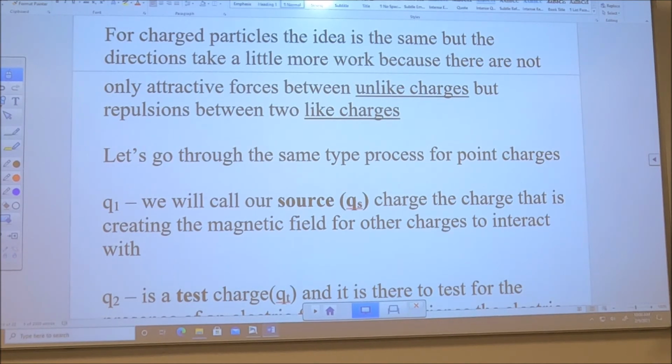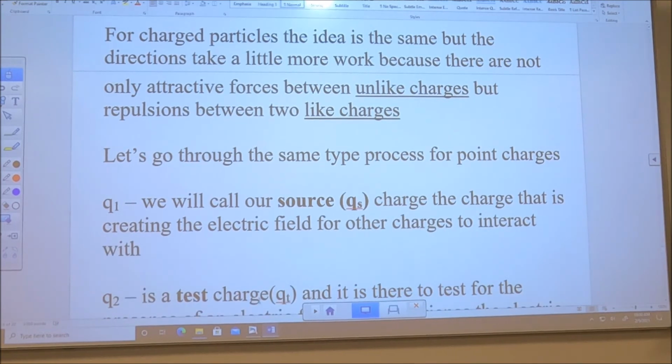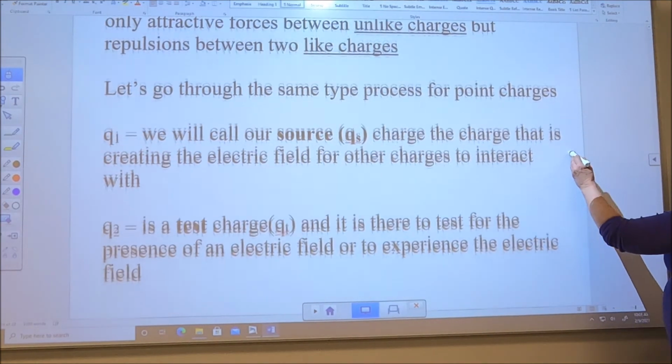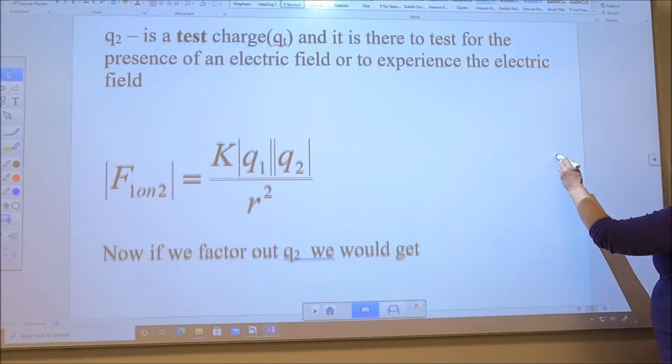Q1 is going to create the electric field for other charges to interact with. Q2 is a test charge, so we'll label it QT, and it is there to test or experience the electric field caused by Q1.